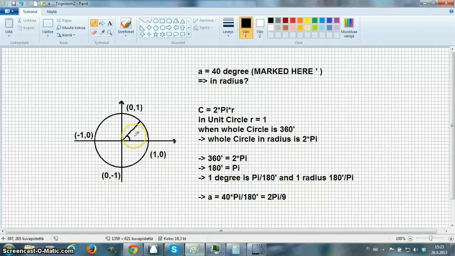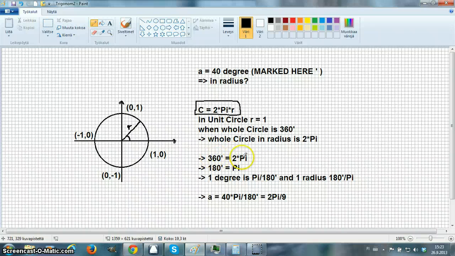We know what a degree is, but we don't know what a radian is. A radian comes from the formula explaining the circle, and the radius is over here, but when it's a unit circle the radius is 1. So when the whole circle is 360 degrees, the whole circle in radians is 2π from this formula.